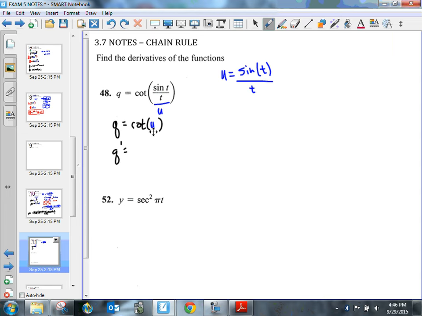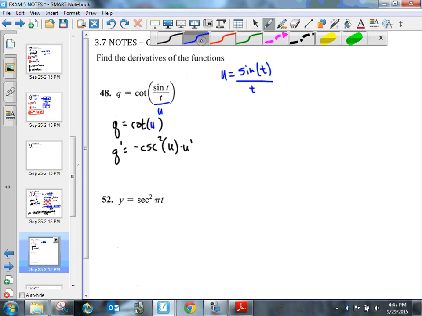I had to change my variables in terms of t, but now my variables are in terms of u. If I'm taking the derivative with respect to t of some function with u, then I'm going to get negative cosecant squared of u, and then times u prime. So let me make sure I rewrite those with blue. So u, and then u prime.